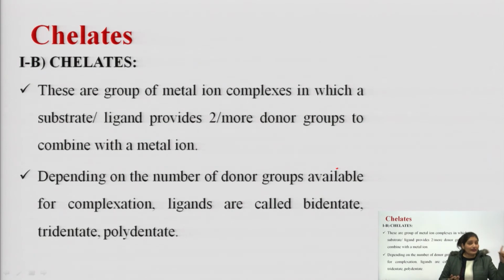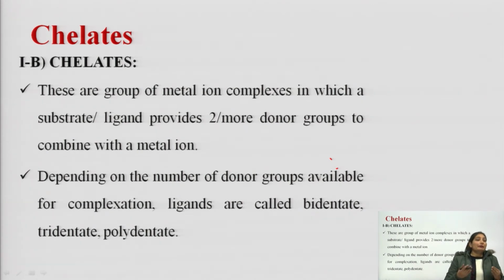In case of metal complexes, a ligand provides only one site of attachment to the metal ion, but in case of chelate there are more donor groups to combine with the metal ion, and depending upon the number of donor groups these ligands can be classified into bidentate, tridentate, tetradentate, hexadentate.